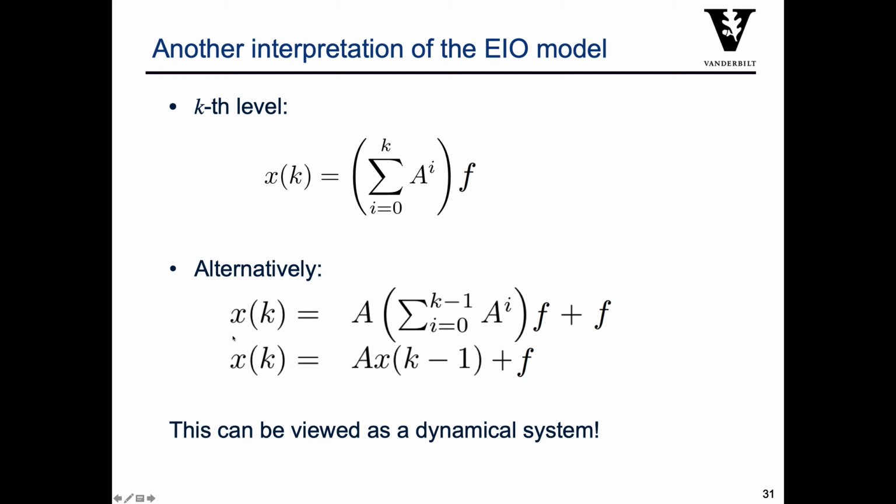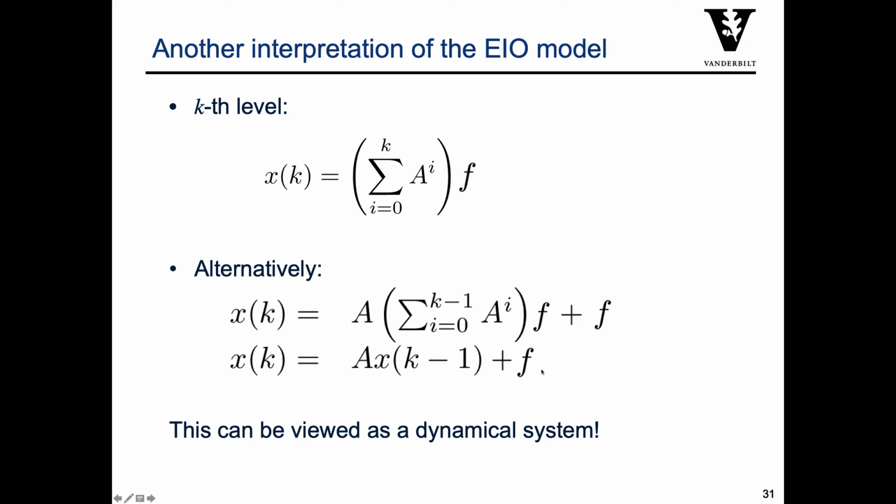It says the total amount of output needed in the kth round is nothing more than the final demand plus the additional output needed to fulfill the total output from the k minus 1th call.